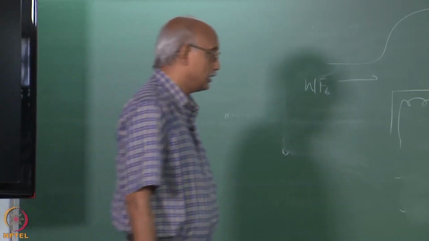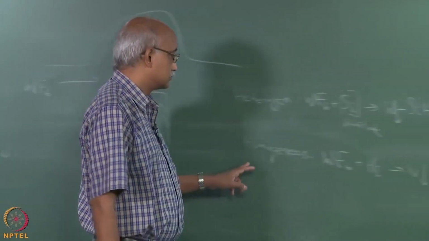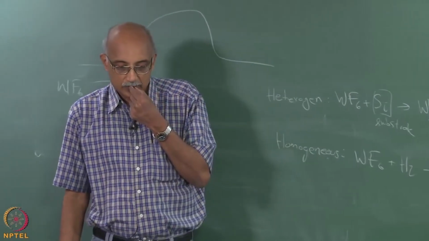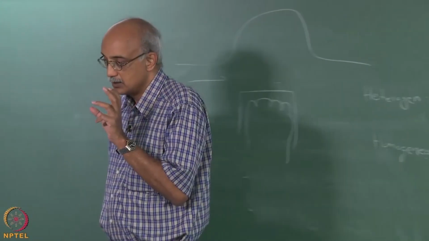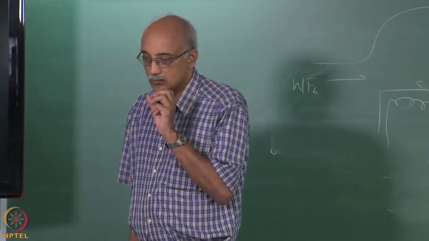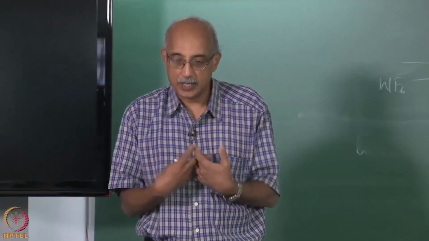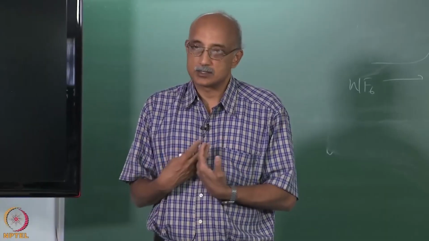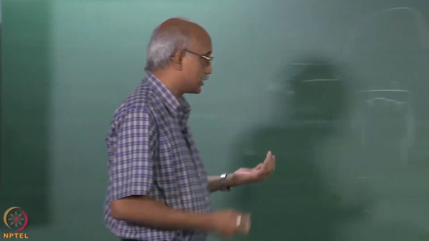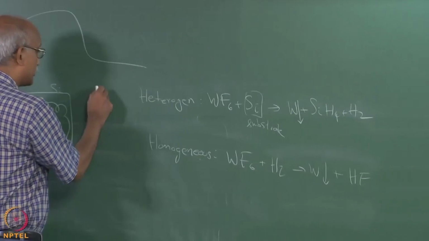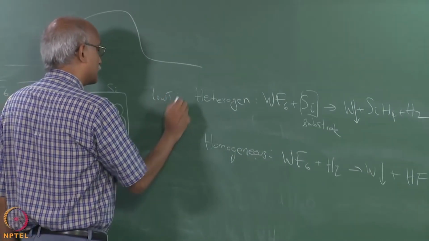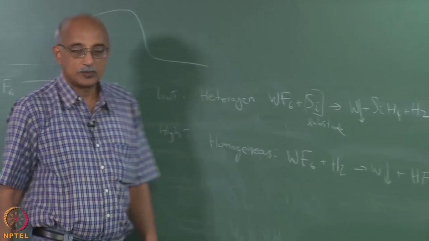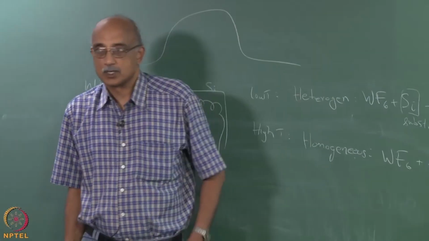And the other drawback to this approach is, as I mentioned earlier, homogeneous reactions require more energy to drive than heterogeneous reactions. So, this process can be run at a lower temperature compared to this process which would need to be run at a higher temperature.